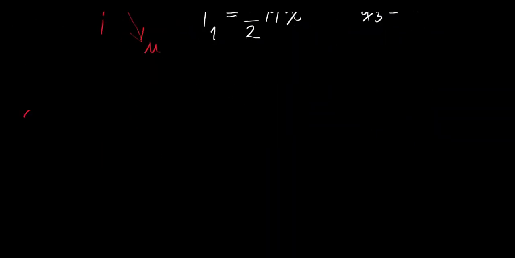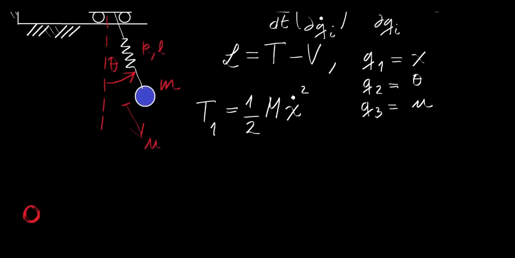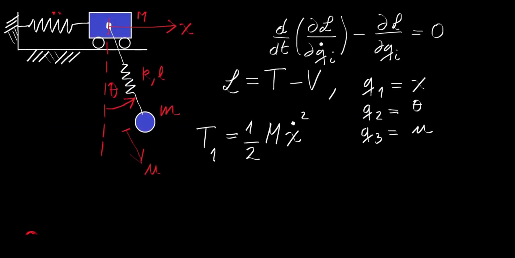I will draw here the second object, the second mass, and in order to find its velocity, we can think as follows. Let's first assume that the first object is frozen, completely still. Then we can use polar coordinates to express the transversal and radial velocity of the second mass. Note that the distance between the first object and the second object is equal to L plus u.